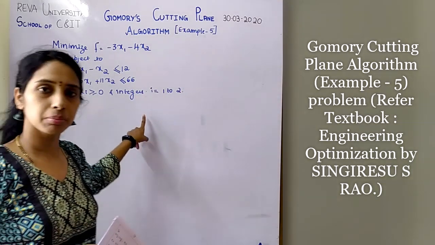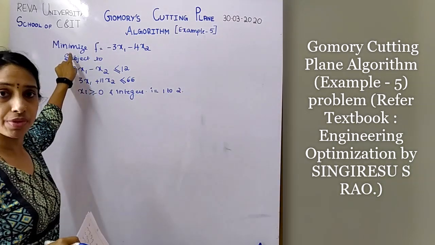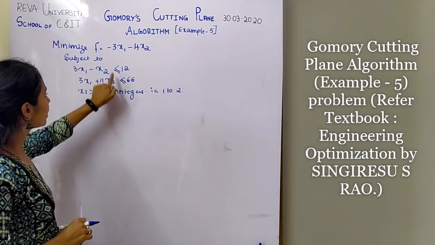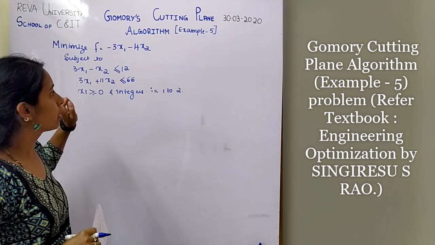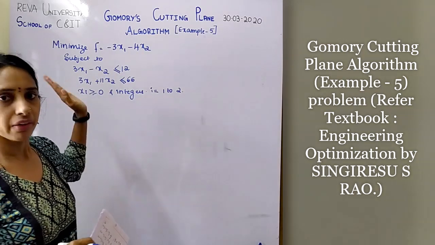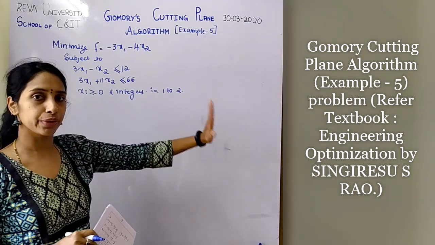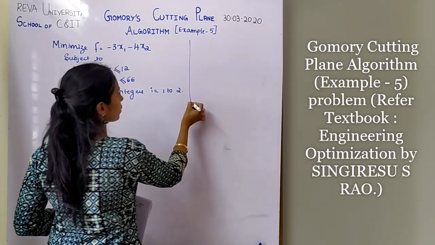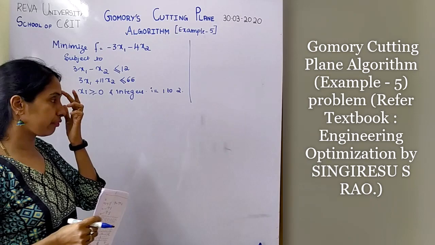This is our problem. Here the objective function is a minimization, and these are the two constraints. What is our first step? We have to convert this into the canonical or the standard form.